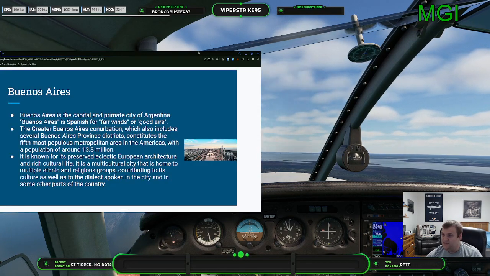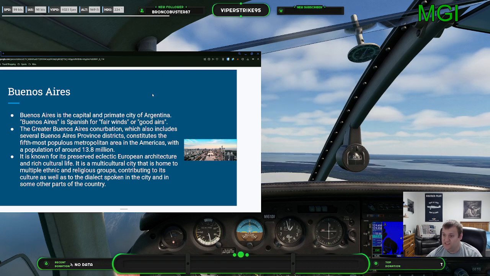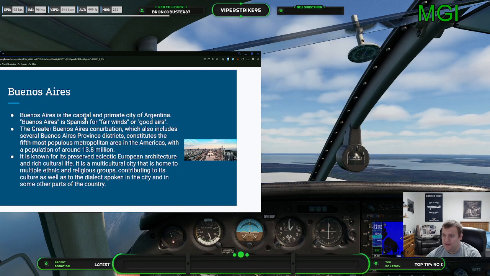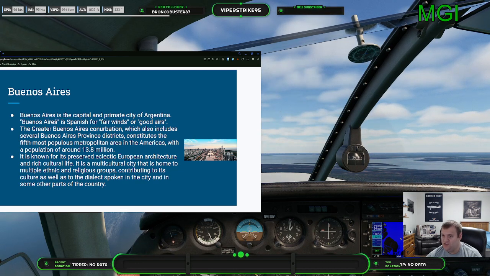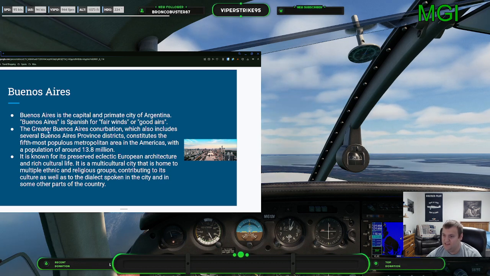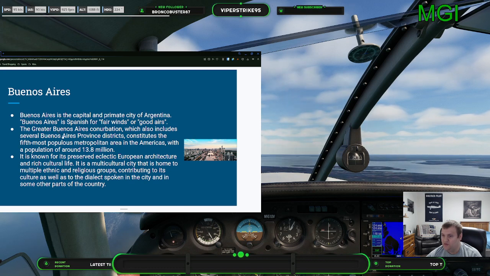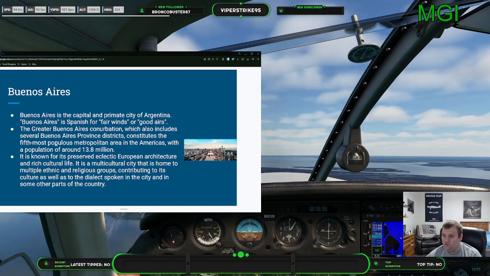Buenos Aires is Argentina's largest city and its capital. It's located on the western shore of the Rio de la Plata, or the La Plata River. Buenos Aires in Spanish means fair winds or good airs, and it's considered to be an alpha global level city. But Buenos Aires is an absolutely enormous city.